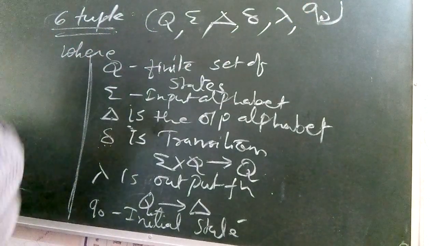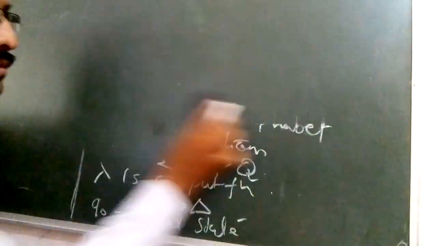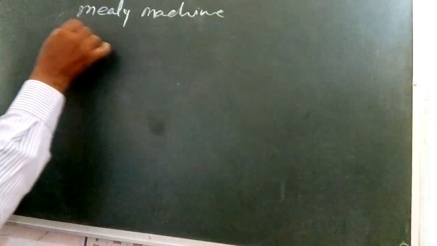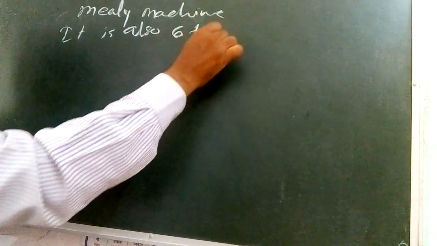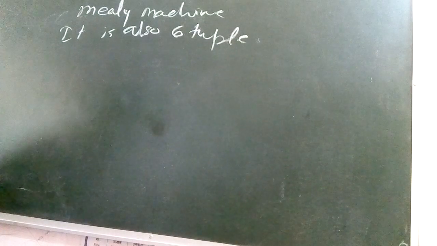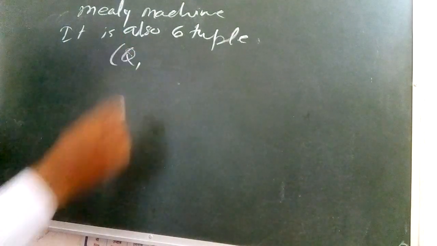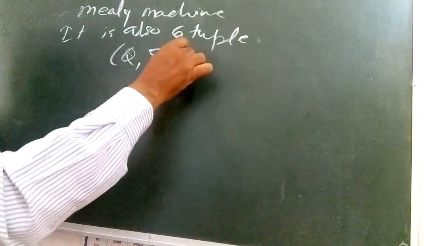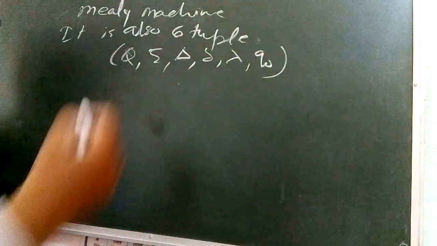The next definition is the Mealy machine. It is also a six tuple, the same tuple: Q, sigma, delta, lambda and q0.